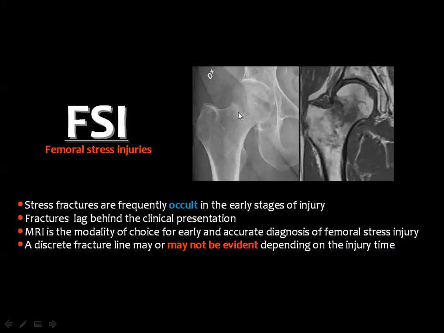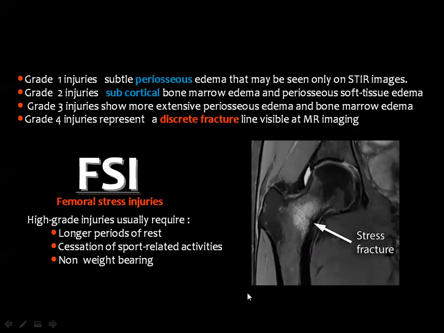But MRI, because of its sensitivity to the bone marrow edema, will show at the beginning some of the edematous changes at the possible site of the fracture, and later on it will show the fracture itself. Here you can see the bone marrow edema, but you cannot see the fracture itself.